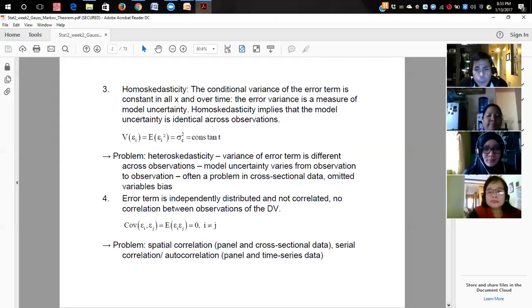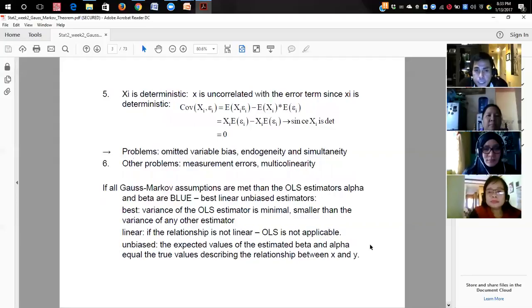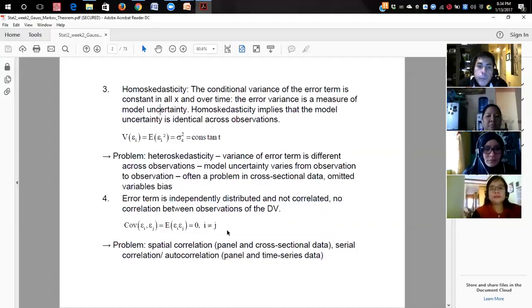We do have a problem when there is spatial correlation, right here, which is what happens in cross-sectional data, or serial correlation or autocorrelation, such as in panel and time series data.